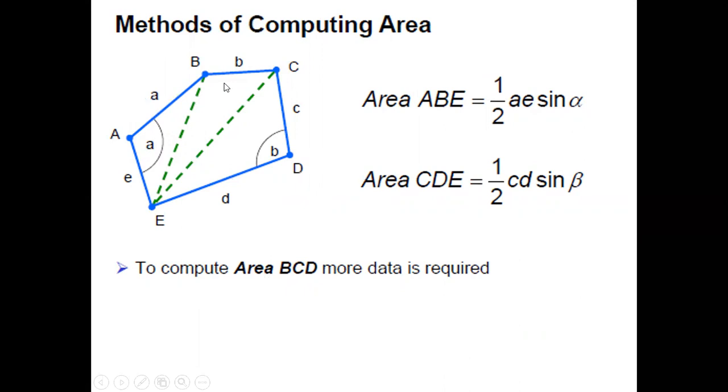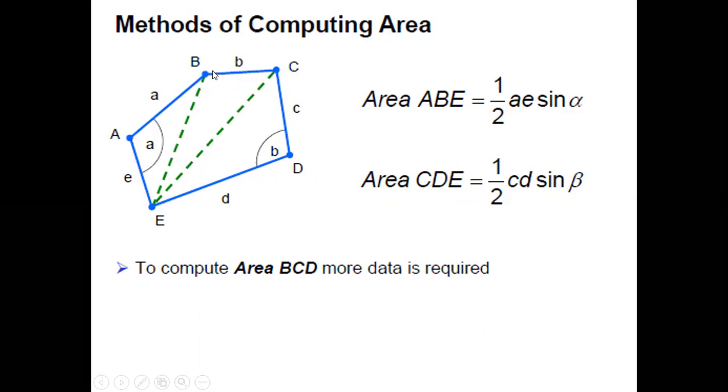The area of this given traverse is equivalent to the area of the first triangle, second triangle, and the third triangle. If we're going to use the same formula for the triangle, 1/2 the two sides and the included angle, we need to determine the length of this side and also this side.